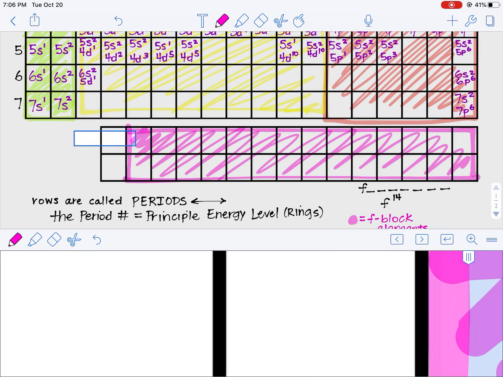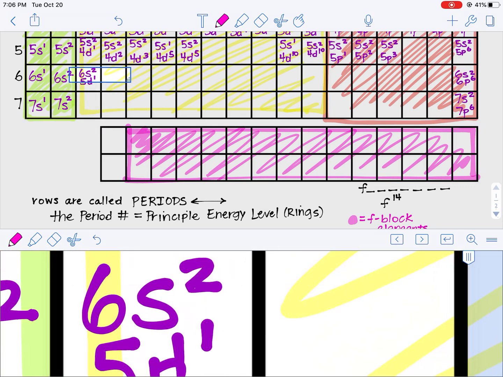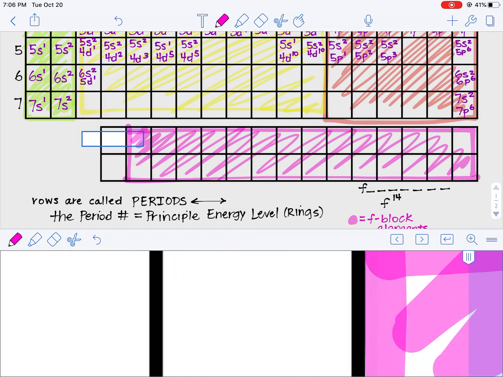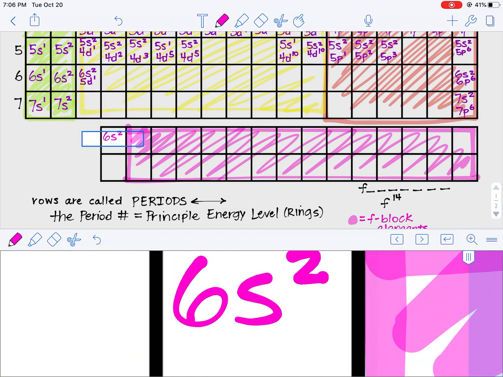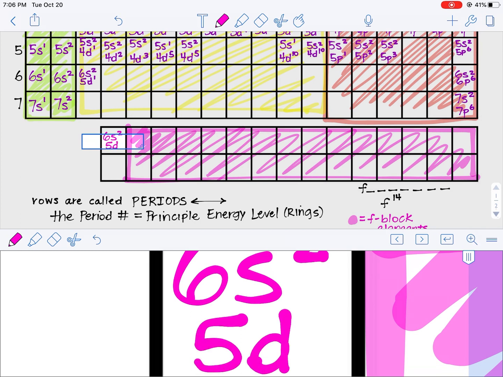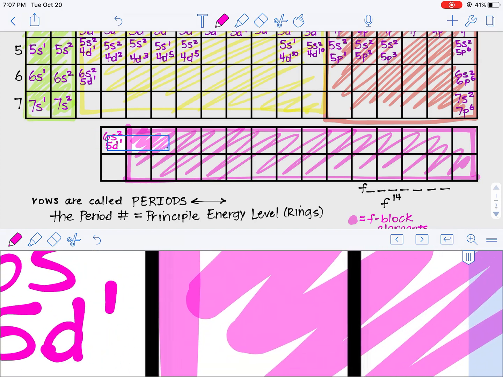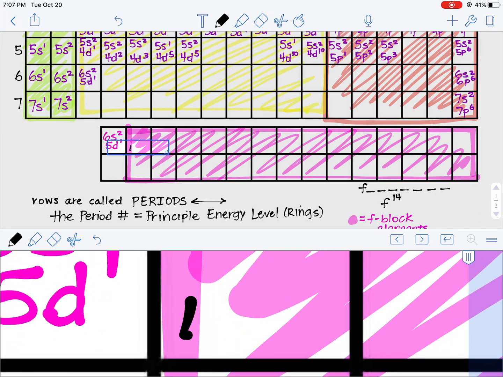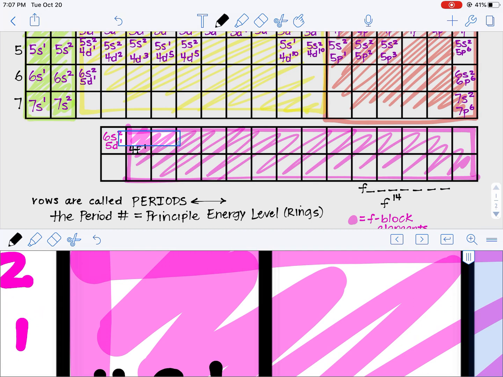When you look at our highlighting, you'll notice that we, quote, skipped a box. The skipped box is here. The 6s2 5d1 is the same element here. 6s2 5d1. Our first element in the F block is going to go into 4f1.